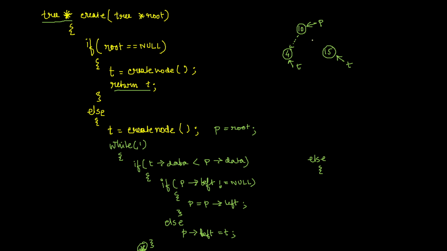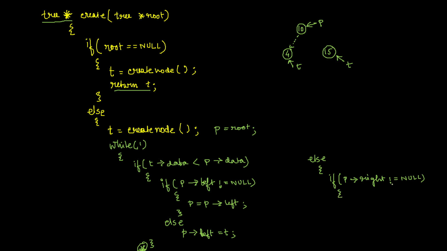So now there are two possibilities: either the right of this node pointed by P doesn't hold anything, or it is engaged with some value, for example 12. In this situation it will be P right not equal to null.